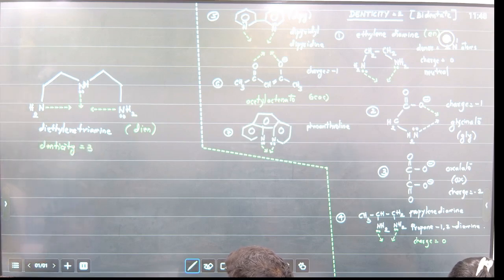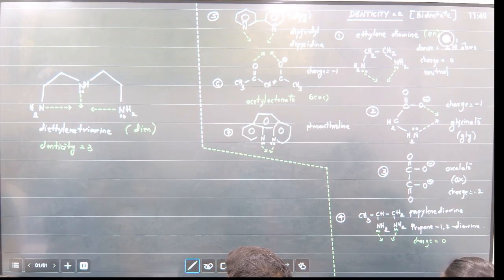I want you to derive for me a denticity 4 wala ligand. What will the nomenclature be? I repeat, I want a denticity 4 ligand.